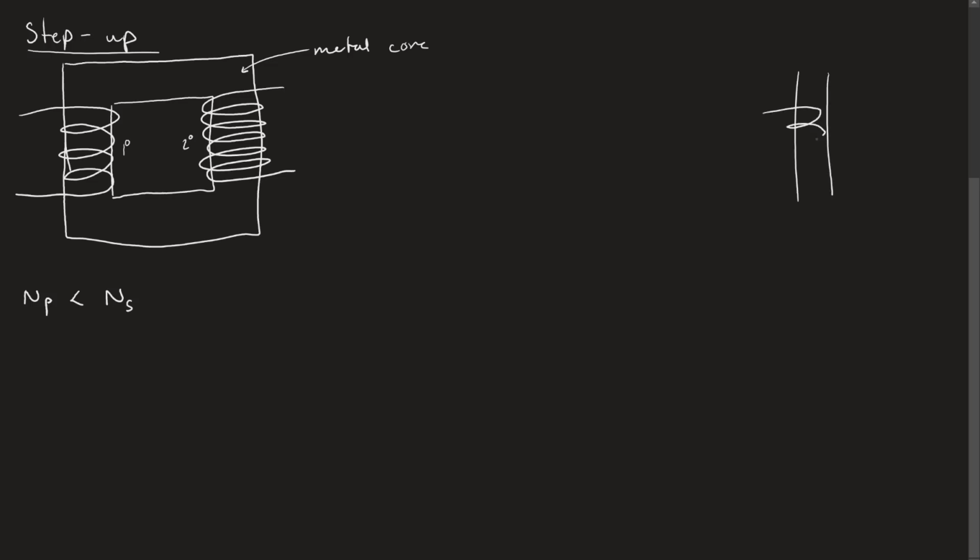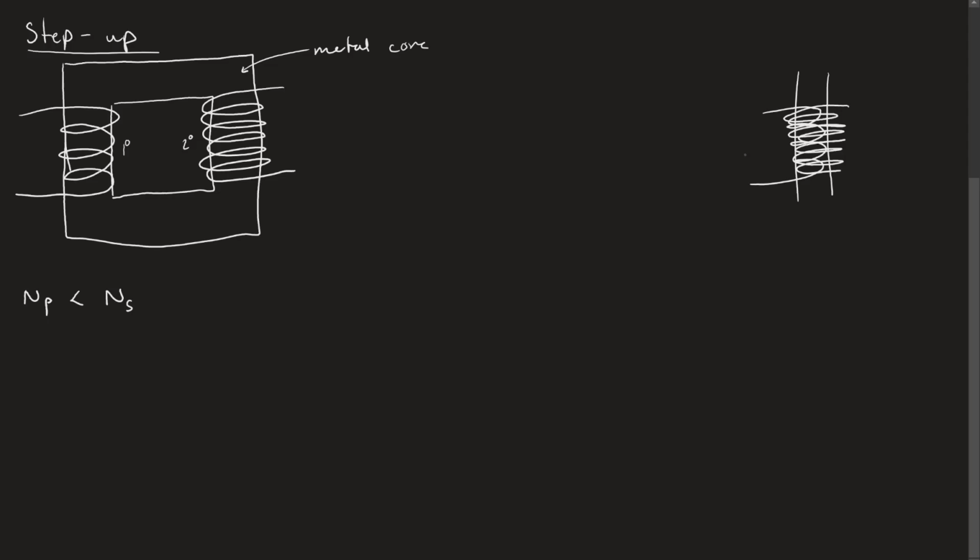So the primary coil will maybe do something like this, and the secondary coil will go in between these loops and wrap around the same column or coil. Now, the reason we don't use diagrams like this when we're explaining it is because this looks like a mess, right? This isn't very helpful.